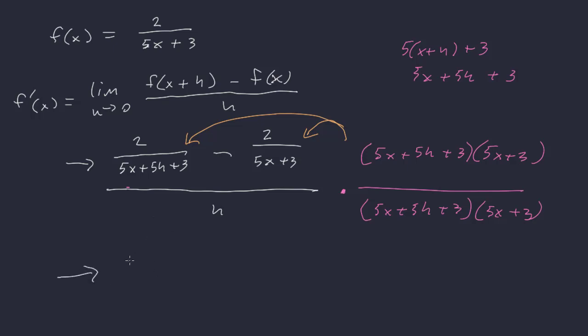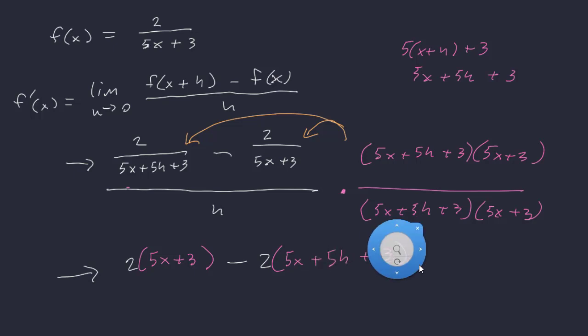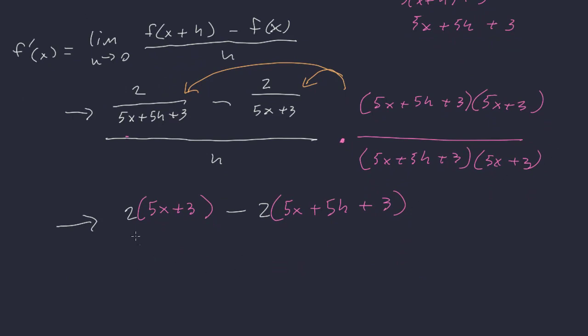Okay, so here I'll have 2, and the larger denominators cancel and we're left with just the 5x plus 3. Okay, the minus sign sticks around, we'll have the 2, and here the smaller denominators cancel and then we're left with the 5x plus 5h plus 3. Okay, and this is all over h times these. We're going to leave that denominator alone.